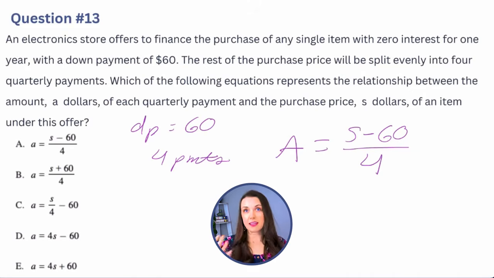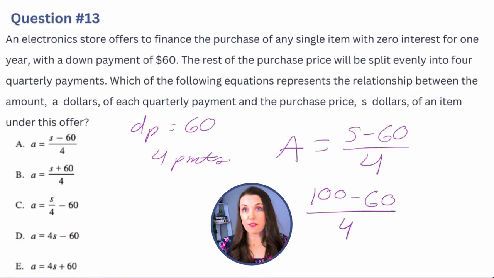So if we were to take an actual number, let's say it's $100, and then I pay the down payment of $60, and I divide all of that by 4. So I would go 100 minus 60 is 40, so that's how much I owe left. Divide that by 4, and each of my payments would be $10.